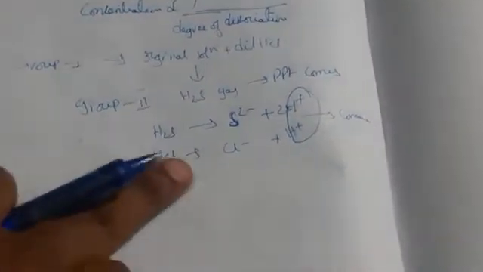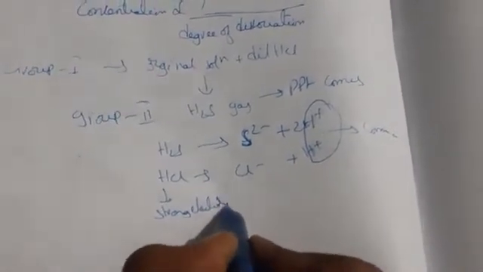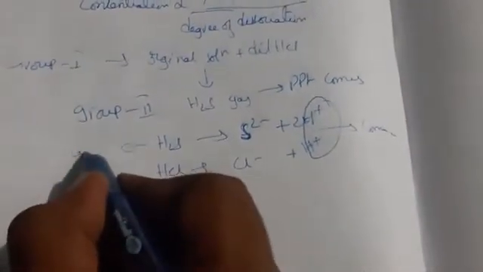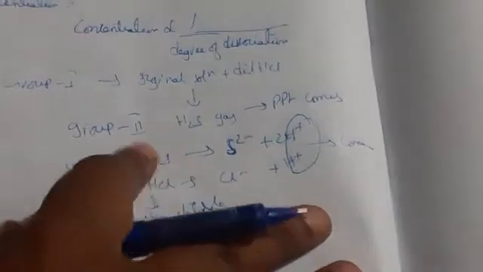So then what happens? The one with more concentration is a strong electrolyte, we can say, and the other is a weak electrolyte. So here it is having low concentration, and here it is having high concentration.